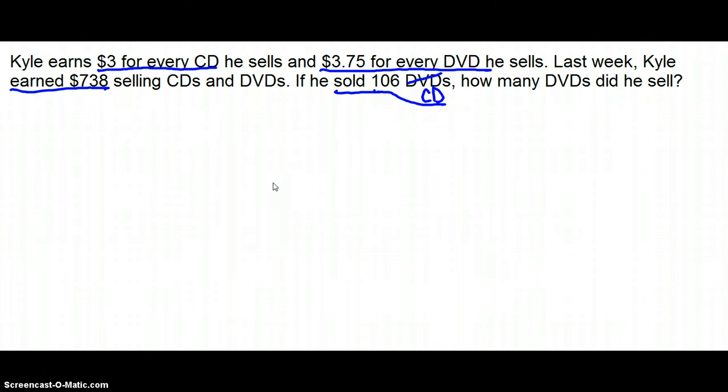Okay, so let's begin by writing our general equation. $3 for every CD, so we have 3C plus $3.75 for every DVD, so we have 3.75D equals his total earnings, which we'll just call E. But last week, Kyle earned $738 by selling 106 CDs.